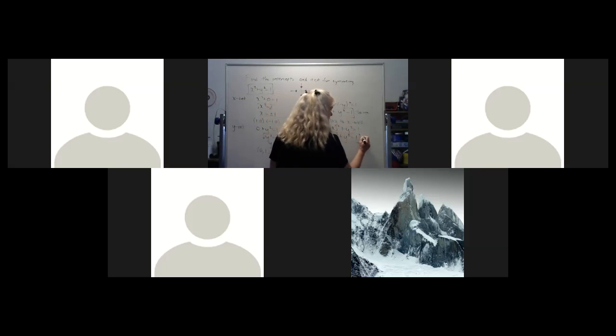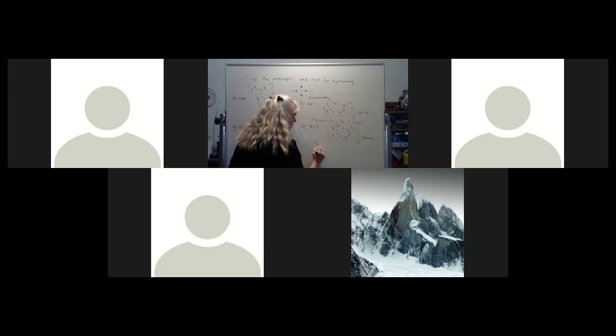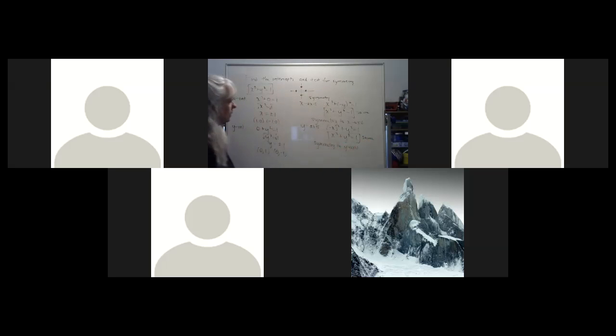So again, it is the same as the original. So we now know that we have symmetry to the y-axis. Okay, we can kind of see that. We can see how we're folding across the x-axis here and folding across the y-axis here.